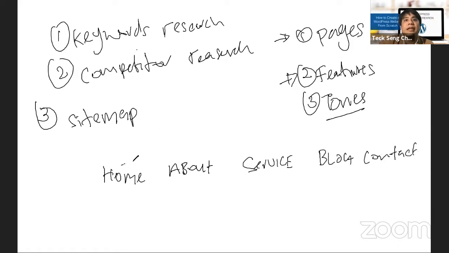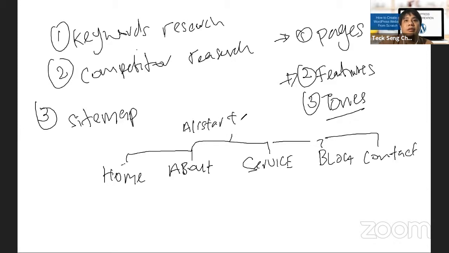So this is the standard sitemap that you will usually start with. Okay, so this is your All-star Training Rooms. Home, about, service, blog, contact. Usually you will start with this.